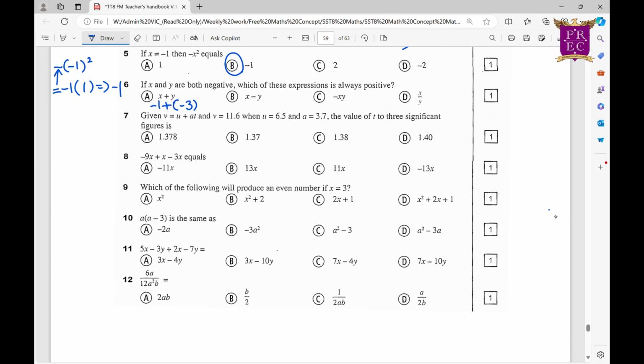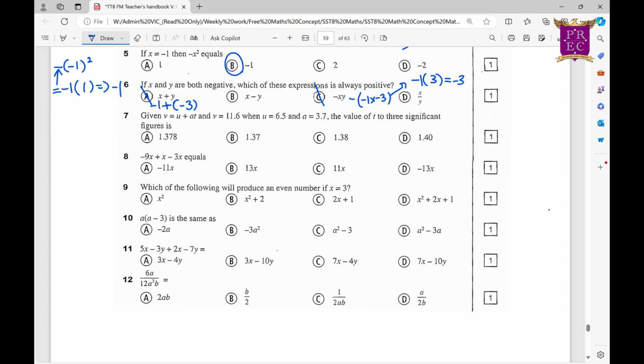So it'll always be a negative number because the first x is also negative. So A is out of the equation. Same with C, because if we have -1 times -3, it becomes negative bracket 3, and we know to multiply -1 by 3, which will give us -3. So C is also out of the equation, and so now we're left with B and D.